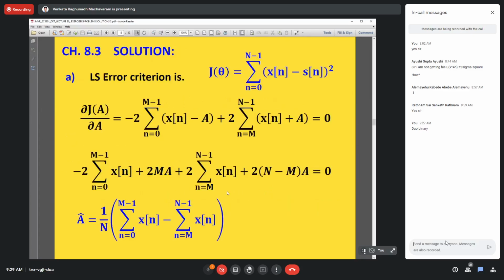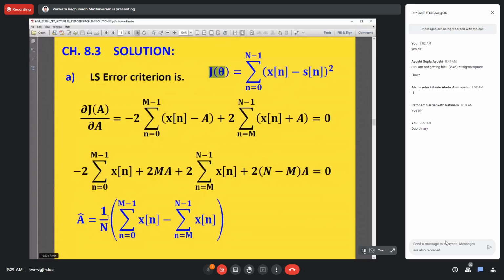So find that. Take the LS criterion, J function, summation of xn minus Sn squared. So this is the risk function. Take the derivative, put it to 0, solve for A. That is, J of A is this one. Theta is equal to A in this example.